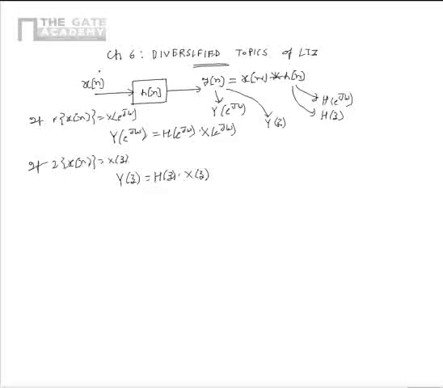From this we see that given x of n and h of n, to find y of n, one way is y of n can be found by convolution.